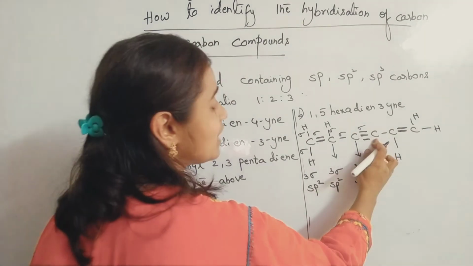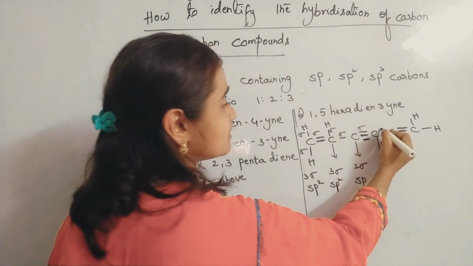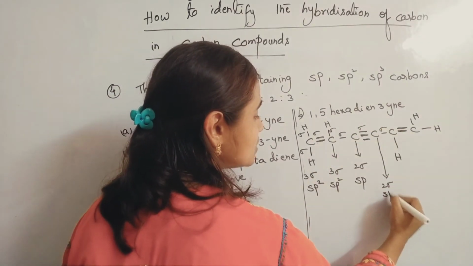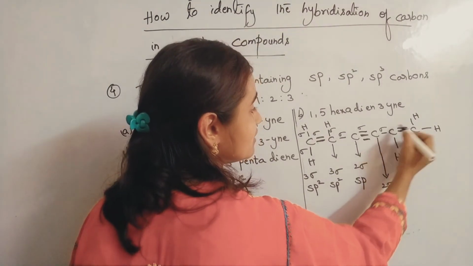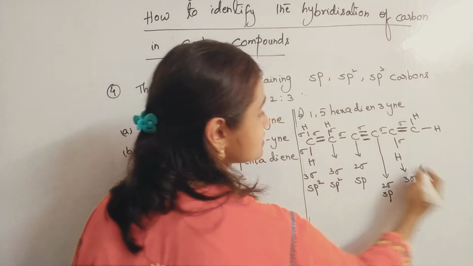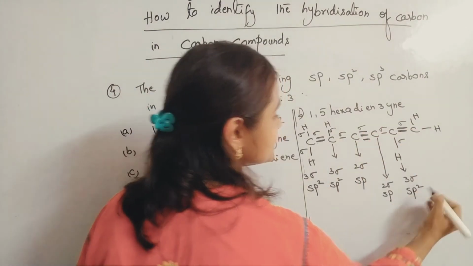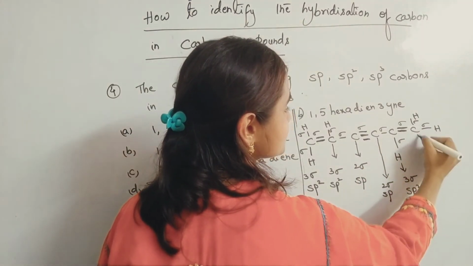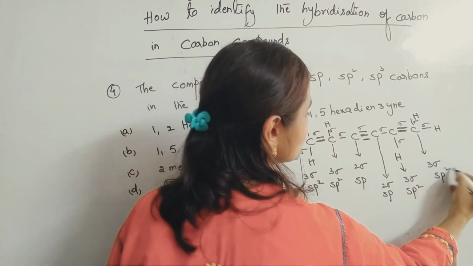Now coming to the fourth carbon, it is also undergoing 2 sigma bonds, so it is also sp only. Now the fifth carbon is undergoing 3 sigma bonds, 1, 2, 3, and 3 sigma bonds means sp2. And the last carbon is also undergoing 3 sigma bonds, so sp2.